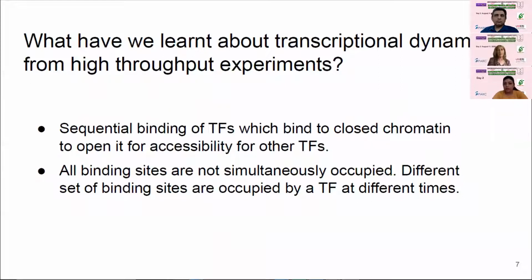So what do we learn from these high throughput experiments about the transcriptional dynamics? There are two things. First is the sequential binding of transcription factors: some bind to the closed chromatin and open it for accessibility to the other transcription factors. There is never a situation where a transcription factor binds to the DNA and helps in gene regulation by itself.